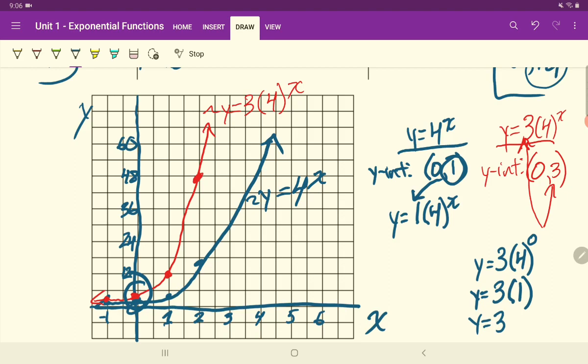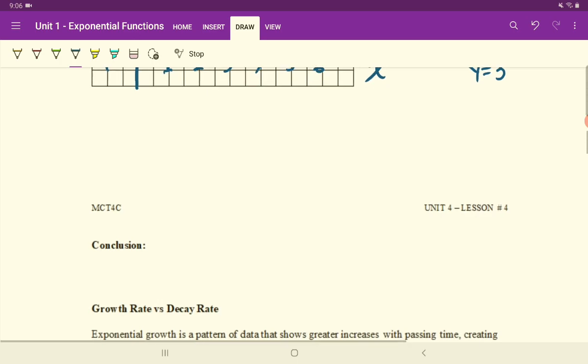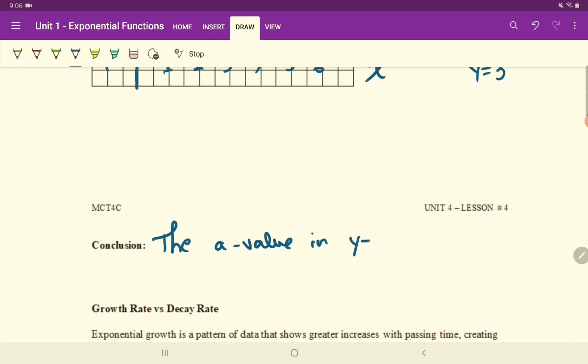And so look at what your y value always ends up being. Okay? So what I want us to conclude from this, okay, is that the a value in y equals a times b to the x stretches or compresses.